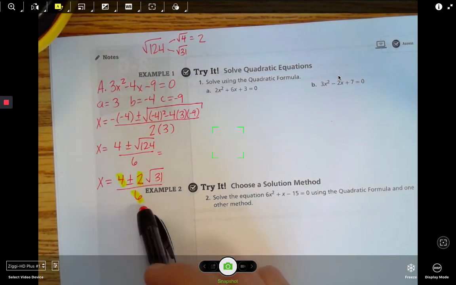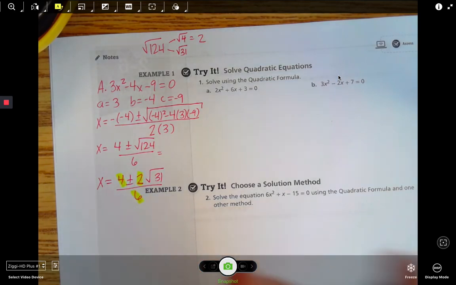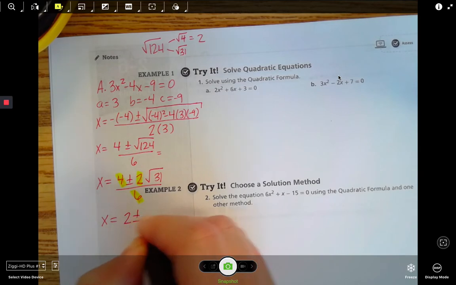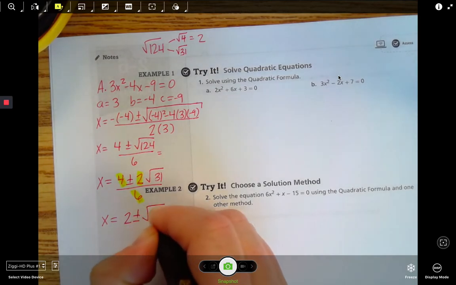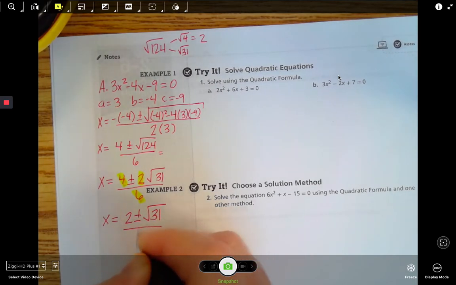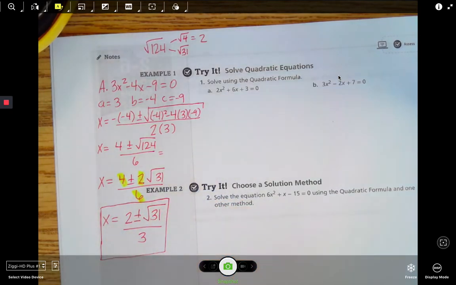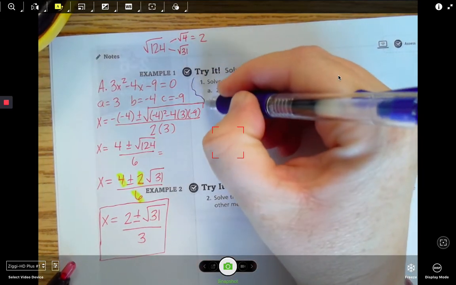Can anything be simplified? Well, 2, 4, and 6 all have a 2 in common, so I'm going to factor out a 2 to leave me with 2 plus or minus the square root of 31 over 3. So that was our example that was out of the textbook.